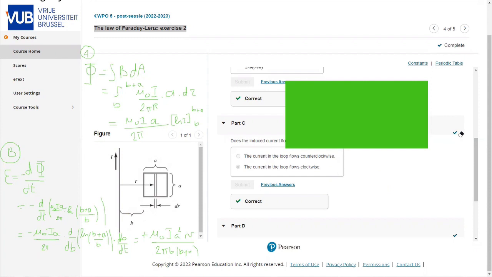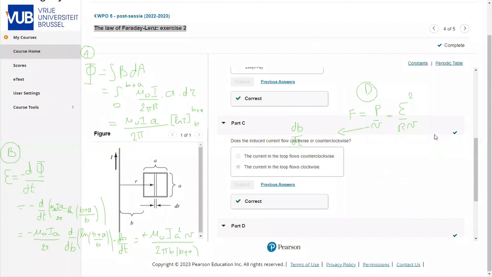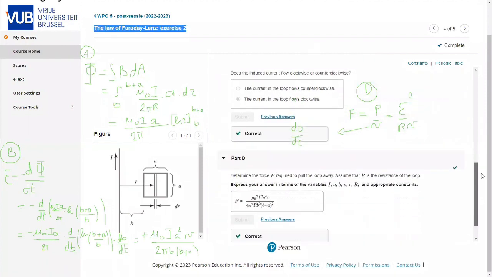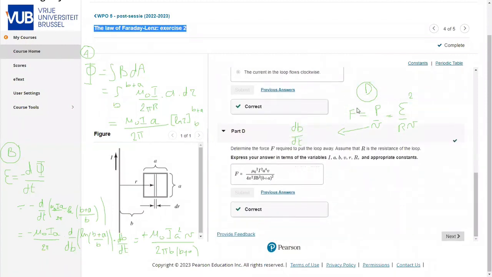Okay, part D. So basically, you have to calculate the force. And what did it say? Assume that R is the resistance of the loop. Okay, so just use this one because we already know what E is.